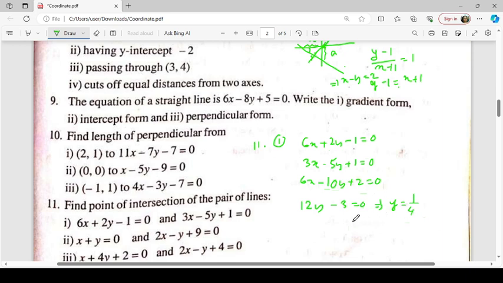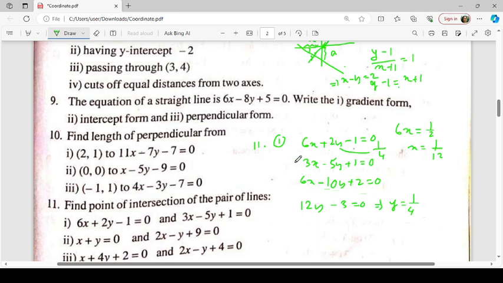If y equal to 1 by 4, then we replace it here. If it is 1 by 4, then it is half. So half minus 1 is minus half. So 6x is equal to half, which means x is equal to 1 by 12.